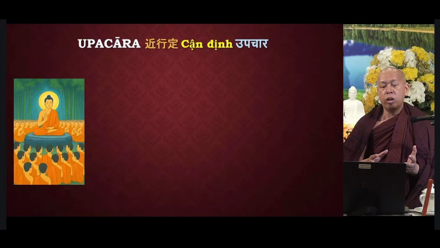Another thing is alaya samughata in Pali. Here we have two types of alaya: kamalaya, attachment to sensual pleasure, and dhanalaya, attachment to craving.